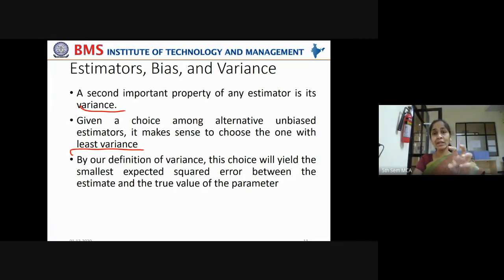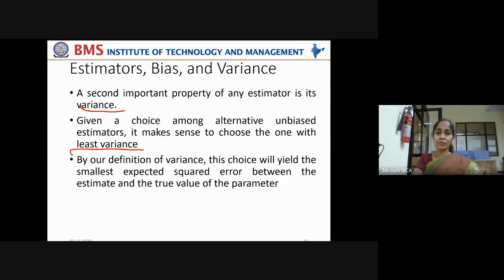You choose the estimator with the least variance, meaning the estimate should be very stable so that it gives a good estimate of the sample error as well as the true error. The variance in the estimate should be very small. There should not be instability in the estimation. You select such estimators only. So given 2-3 unbiased estimators, it is common sense to choose the one with the least variance, the more stable estimator.